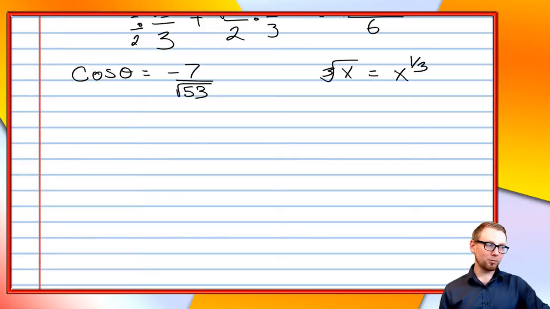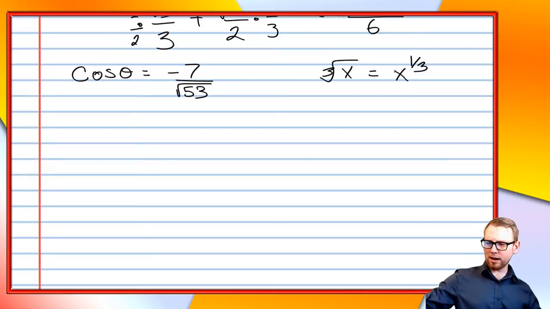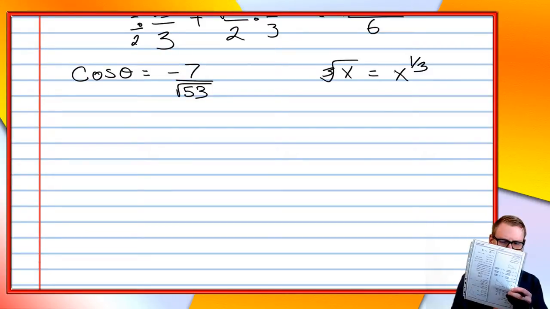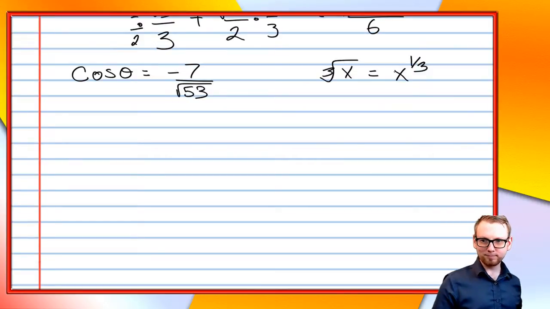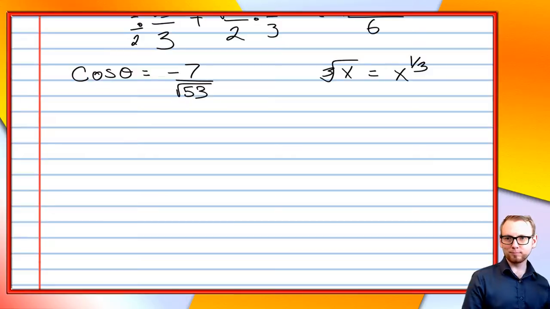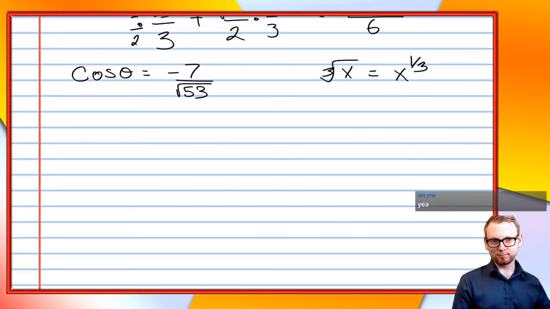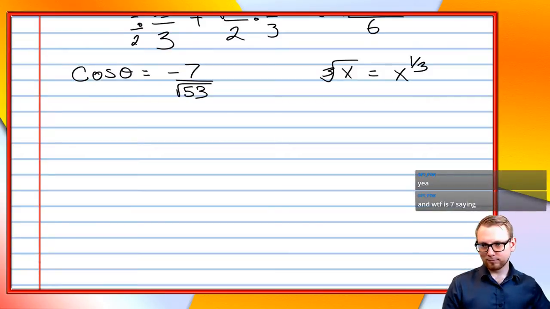So when it comes to this cos theta, on our reference sheet is what? X over R, right? You have to do 7. No, it's 7. You already said that.